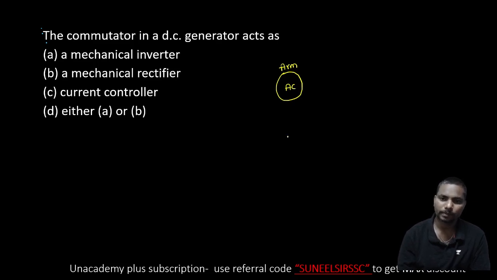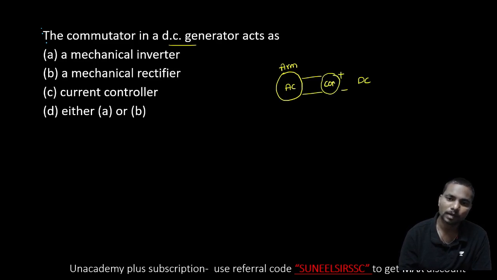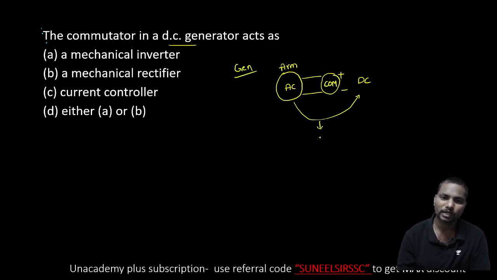But a DC generator has to generate DC. So how to convert AC to DC? For that conversion we require one device, that is the commutator. It converts AC to DC in case of a generator. AC to DC means you can say it is a rectifier. It is mechanically operated, so a mechanical rectifier.